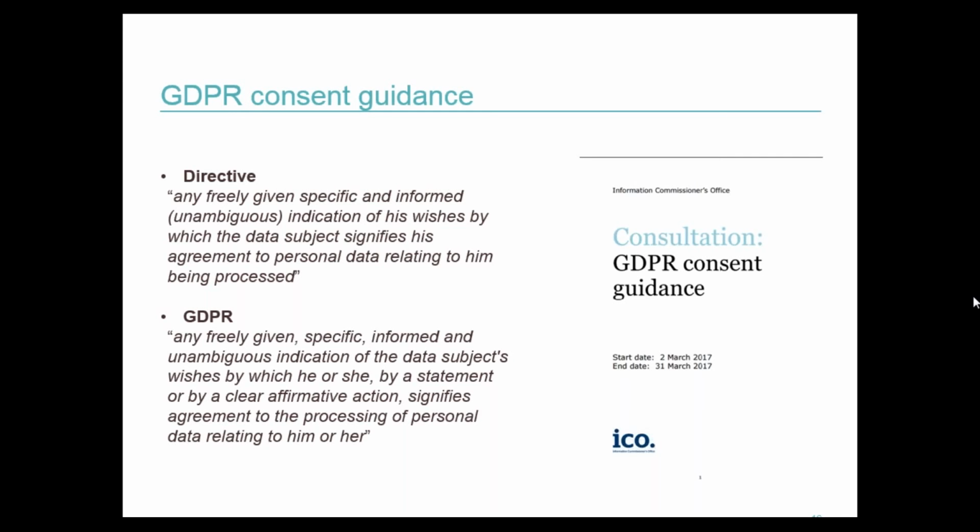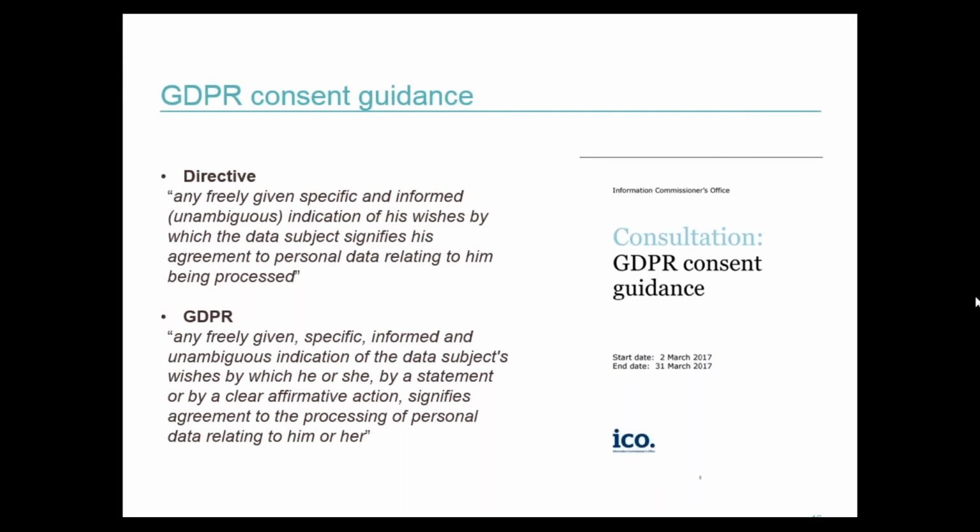For example, it also mentions what happens if it goes wrong. For example, relying on invalid consent can destroy the trust of your customers, it can harm your reputation, and it also adds you could be subject to substantial fines.